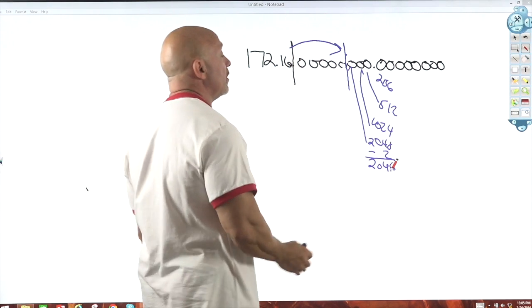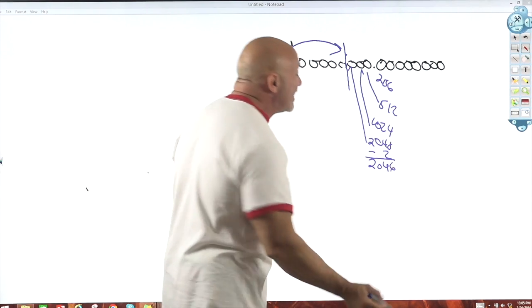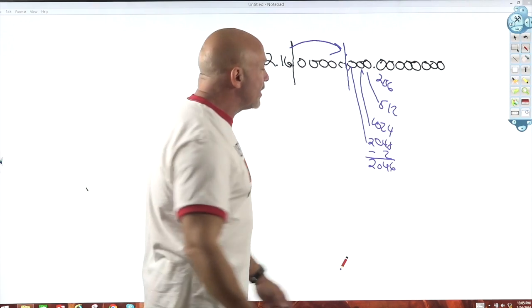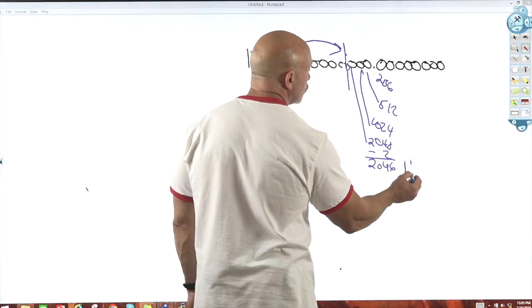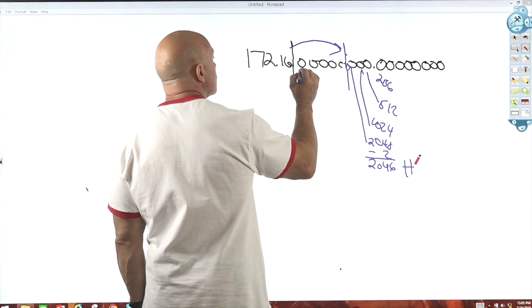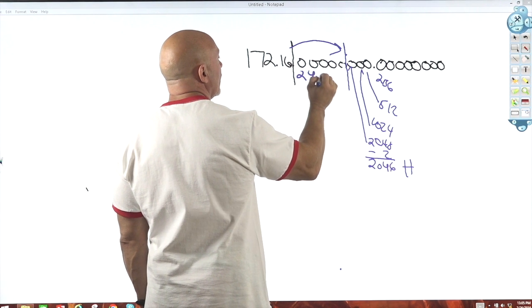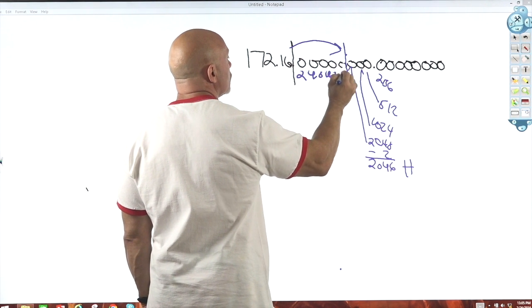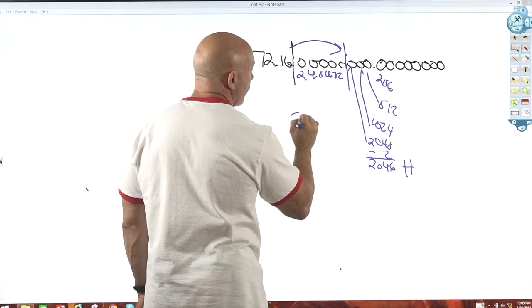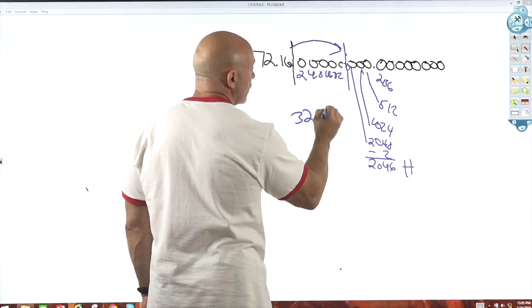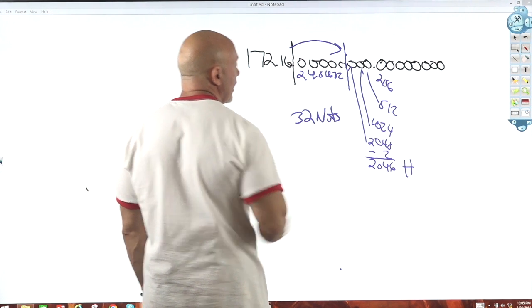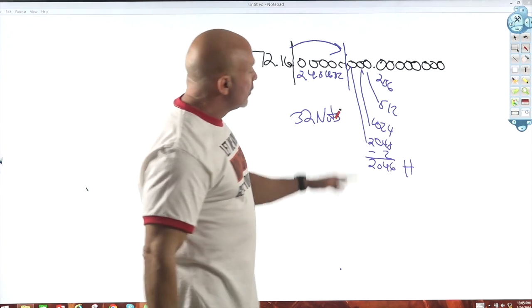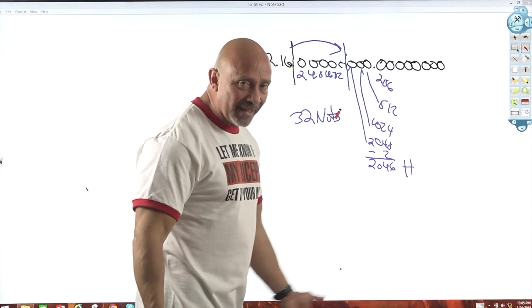So you have the possibility of having 2046 hosts. Networks 2, 4, 8, 16, 32. So you have 32 networks that you can have with 2046 hosts in there.